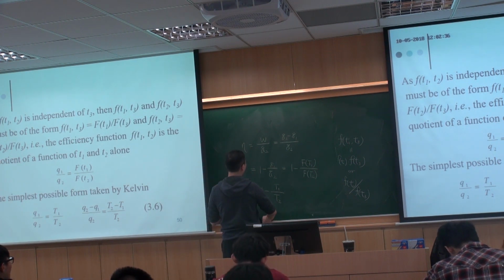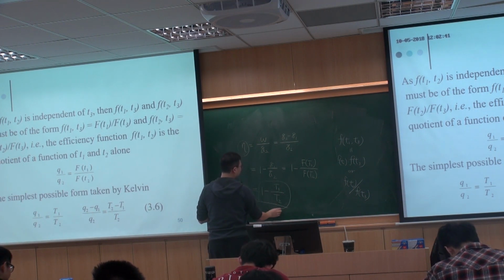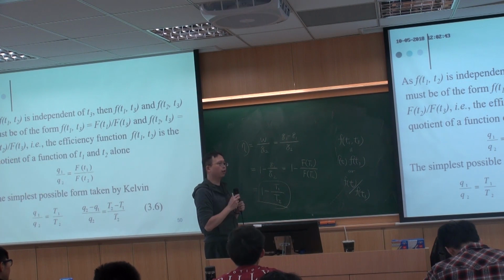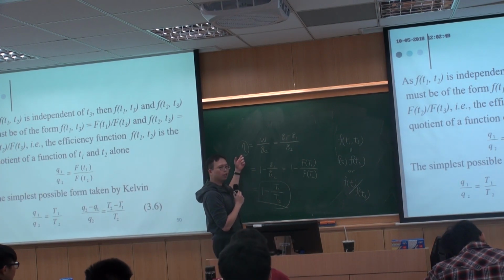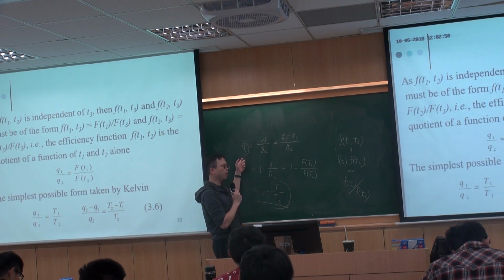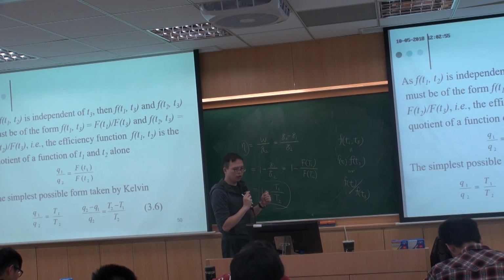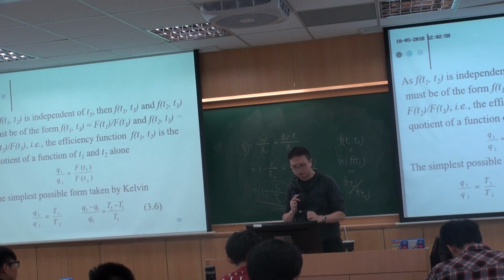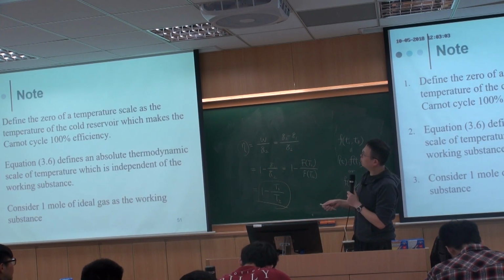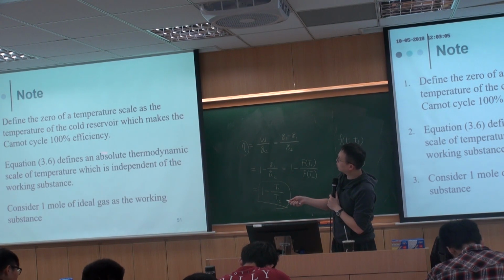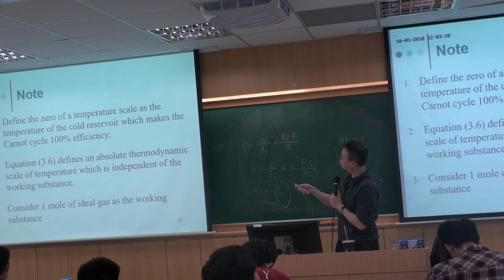Therefore, for this heat engine, you have this and this. So once the temperatures of the heat reservoir and the cold reservoir are defined, then the maximum efficiency based on the Carnot cycle is also defined. I believe that I mentioned this at the very beginning of the semester. So, some notes. This defines the temperature scale that I mentioned.